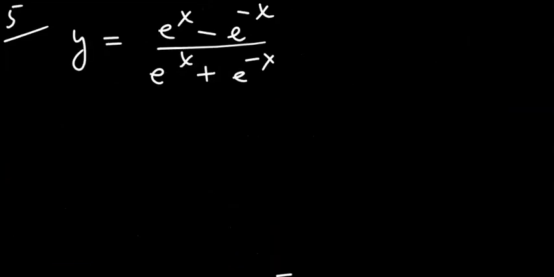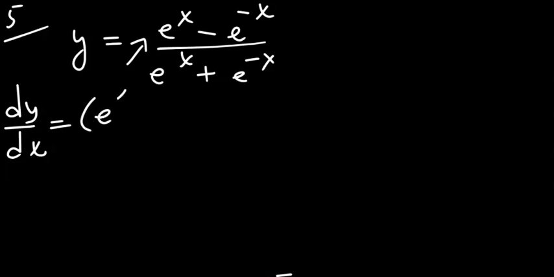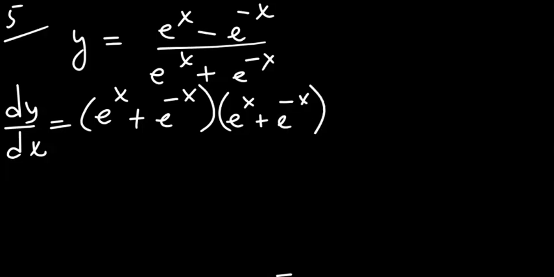Let's look at the fifth example. How do we find the derivative of this function with respect to x? We simply use the quotient rule. So dy/dx equals, let's differentiate the numerator. You're going to get e^x plus e^(-x), multiply that with the denominator, e^x plus e^(-x), and then minus.